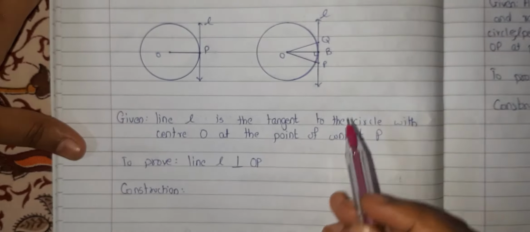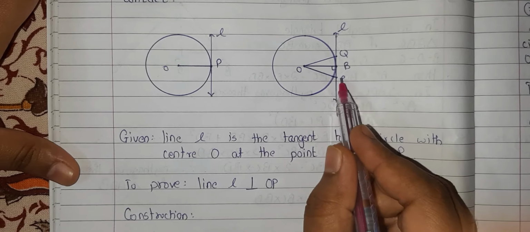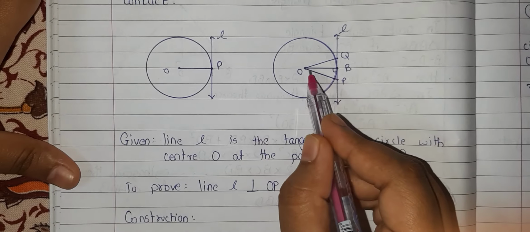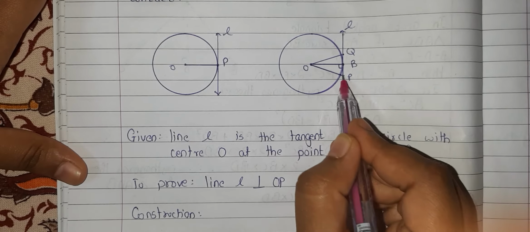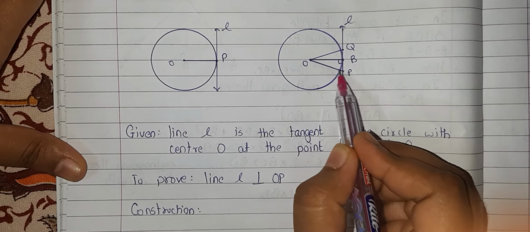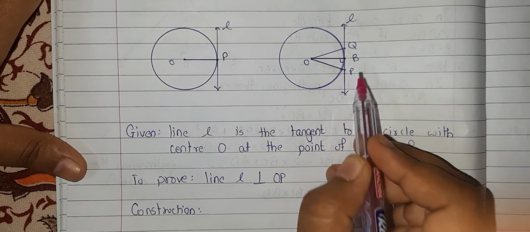To do this we have to do some construction. Initially we consider that radius OP is not perpendicular to line L. So I have taken OP here. This P is lying on the line as well as on the circle. We have to consider this.